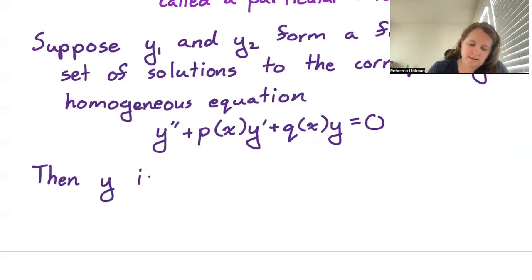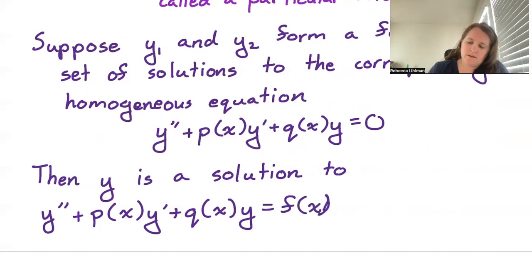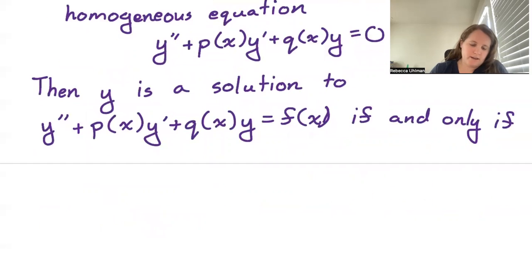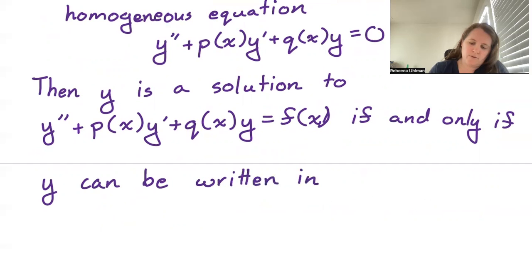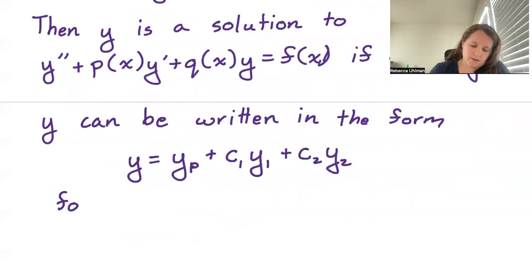So y is a solution to the non-homogeneous equation y'' + p(x) y' + q(x) y = f(x) if and only if y can be written in the form y = yp + c1 y1 + c2 y2 for some constants c1 and c2.